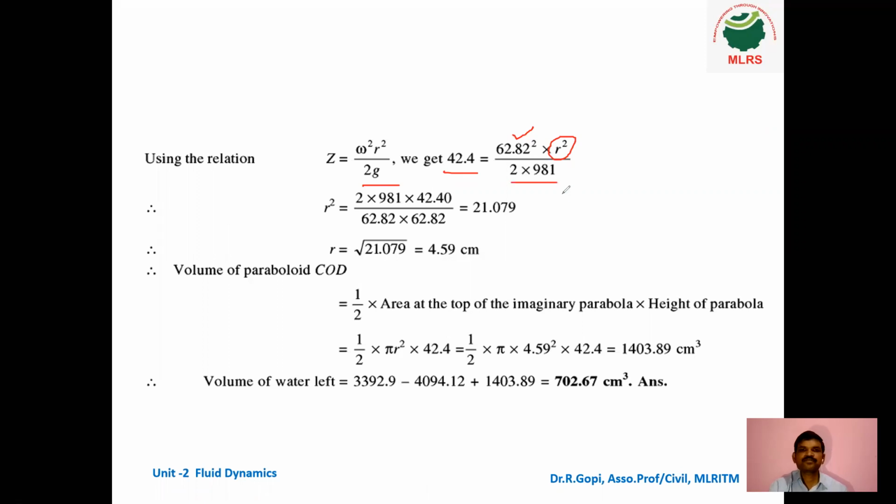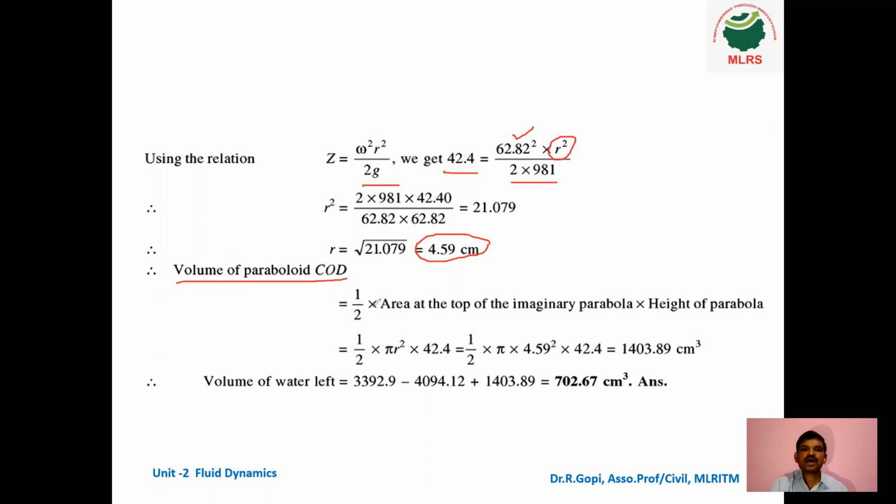This is the substitution. We need only R. Substitute all the values. Finally, we get R equal to 4.59 centimeter. This is the answer. From this, calculate the volume of the paraboloid COD.